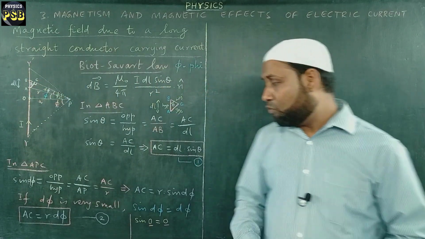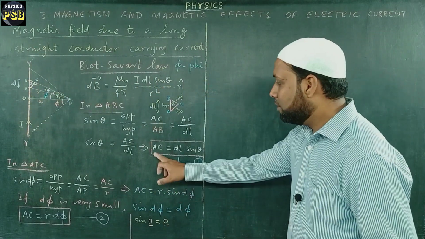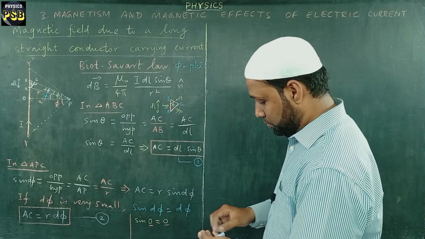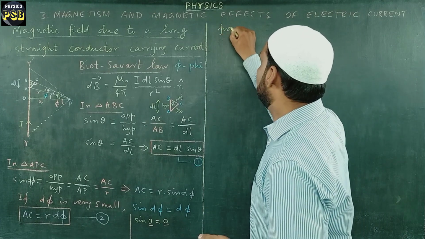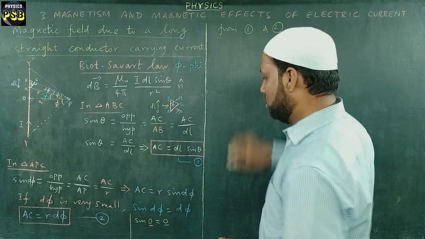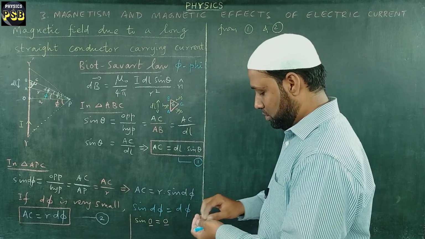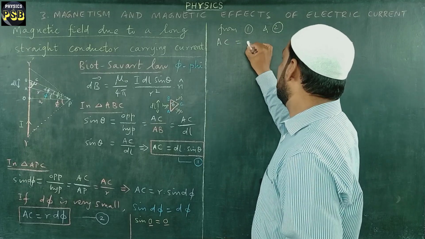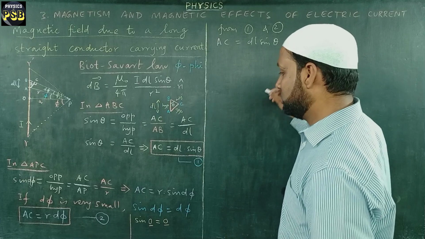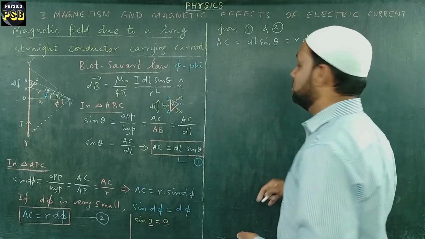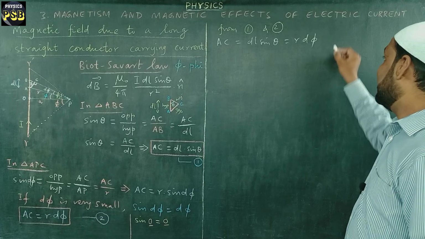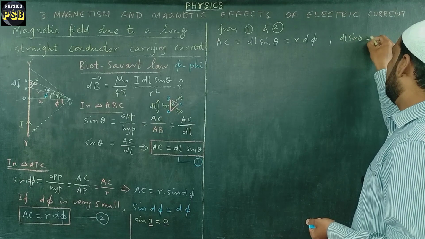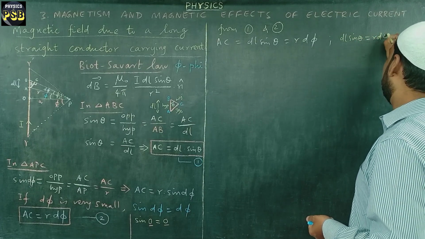Now if you compare equation number 1 and 2, you'll find that both of them represent AC. So by equating 1 and 2, you can write AC is equal to dl sin theta, which is again equal to R d phi. So in simple words, I can say that dl sin theta is equal to R d phi.